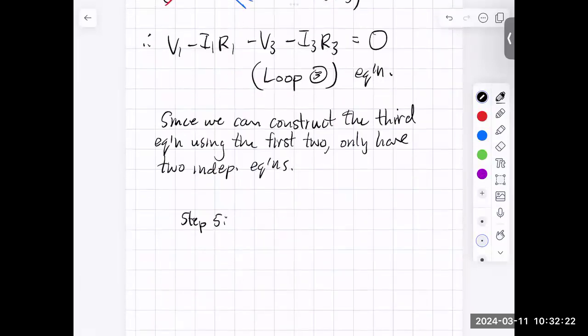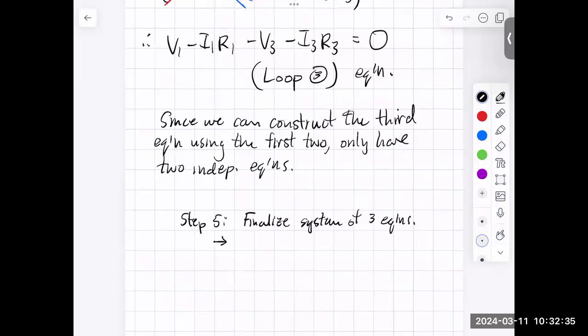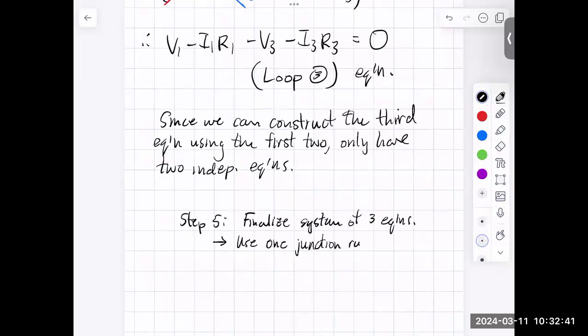Step 5 is to finalize the system of three equations. We need to use one junction rule, and we need to use two from the loop rule.